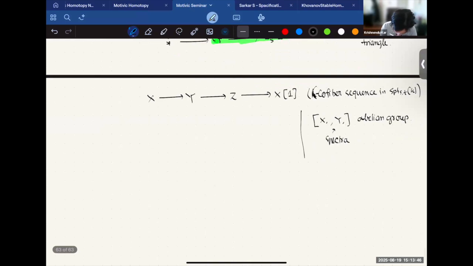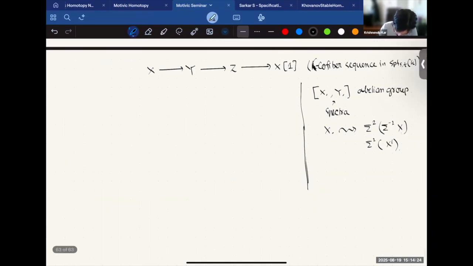This x can always be written as the suspension squared of the suspension minus 2 of x. Now this will give you some element, suspension squared of x prime, I guess. Now you can use your loop-suspension adjunction to shift this suspension to the other side. That gives you the suspension of x as a co-group object. The other side is a group object, right? And from co-group object to group object, you have Eckmann-Hilton, and you can show that it's an abelian group. So it's an exercise.